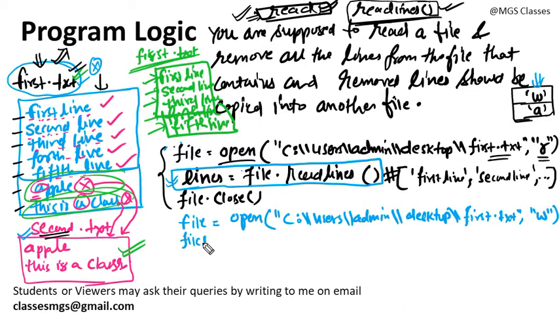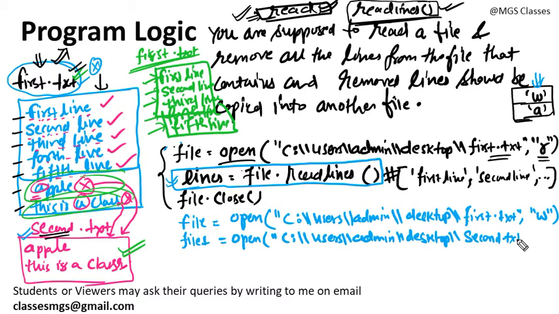I will create the file second.txt and write into it all those lines that contain A. Let's suppose I want to create it on desktop only. It will create the file second.txt if it doesn't exist on desktop, because I am opening it in write mode. Okay, this way.